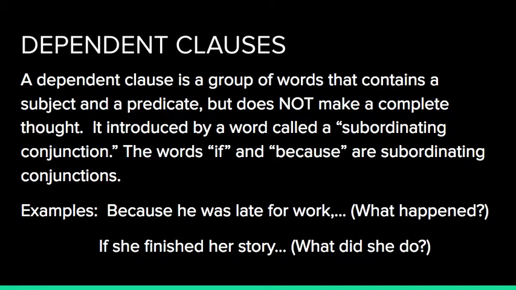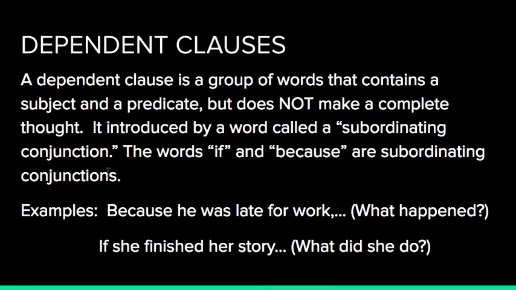On the other hand, we have things called dependent clauses, and these are a little bit trickier, but when you add them, it makes your writing so much more interesting. So a dependent clause is a group of words that contains a subject and a predicate, but does not make a complete thought. It's usually introduced by a word that we call a subordinating conjunction.